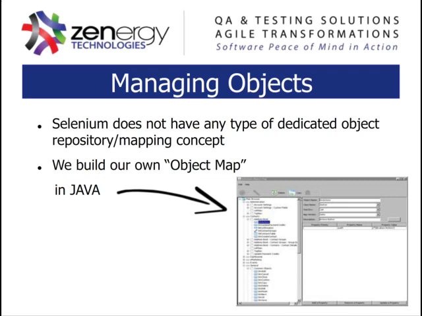All right, I talked about managing objects. With a lot of the implementations we do, we externalize our object map or object identifier and give it an alias inside the manual test cases, that little Excel you see. For a manual tester to write those manual steps that can be interpreted into automation, it would be very hard for them to say, hey, go find the ID of this object and type it in there.